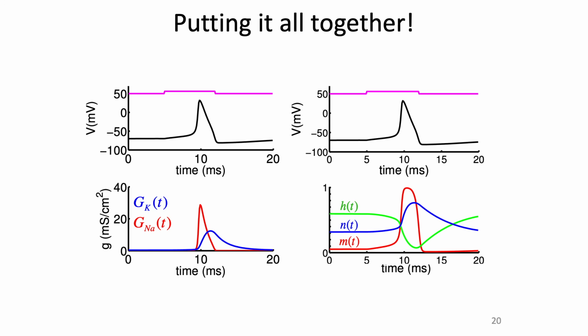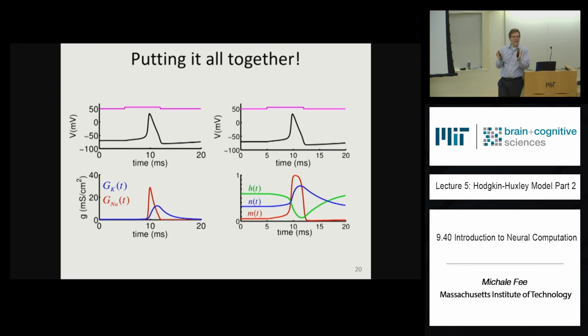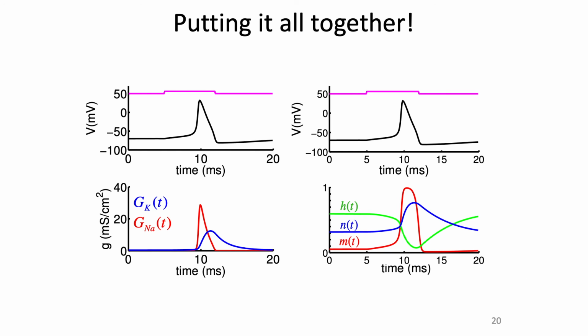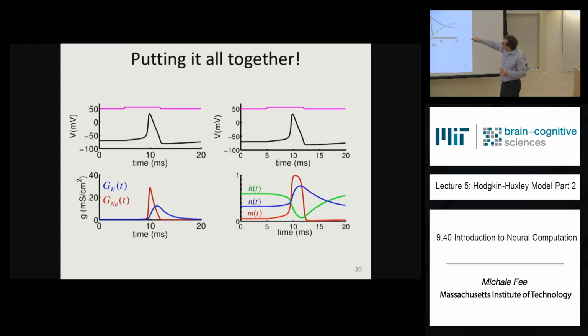Then what happens is during that whole time, N is, as in this hyperpolarized voltage, the potassium channel is starting to open. N grows, potassium current conductance turns on, and that starts hyperpolarizing the cell. Right?